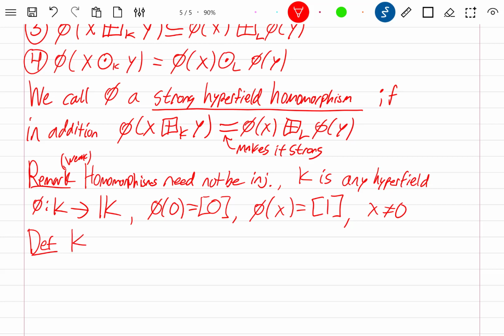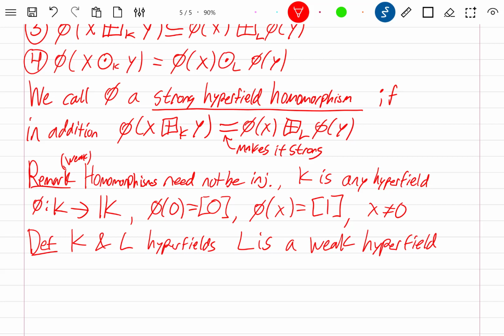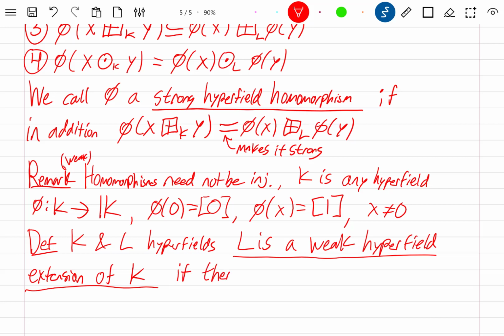So we can now define extensions. If I have K and L hyperfields, we say L is a weak hyperfield extension of K if there is, so one thing we want to avoid is this example here, because if we just required there to be a homomorphism from K to L, that would let the Krasner hyperfield always be a weak extension.